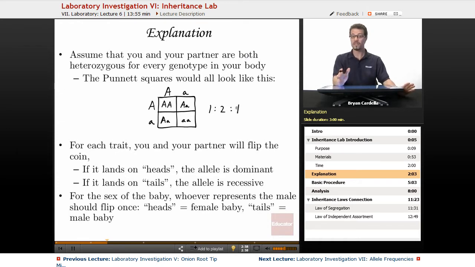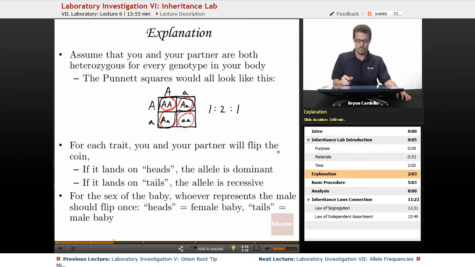And depending on the specific trait we're talking about, there could be a 3 to 1 phenotypic ratio where all 3 of these look the same. And then there'll be some other scenarios where this, and this are all actually different. There'll be 3 different phenotypes, and I'll explain that on the next slide.